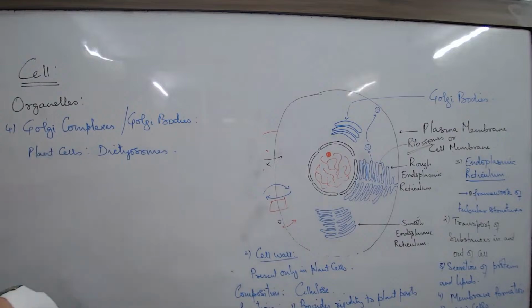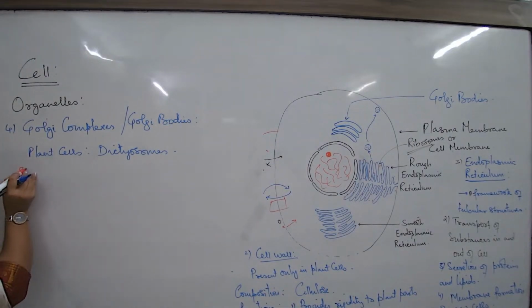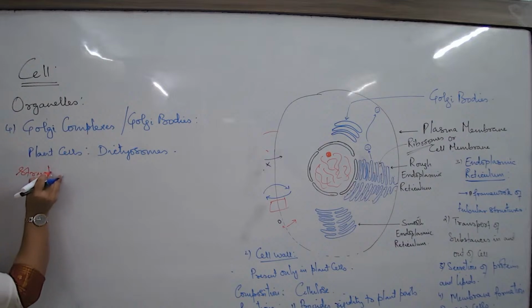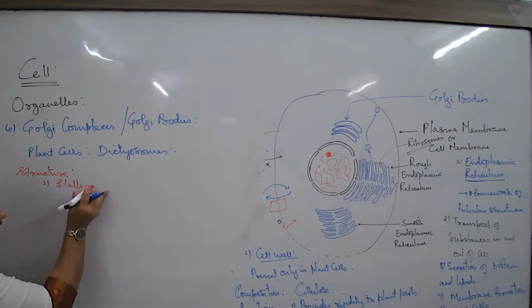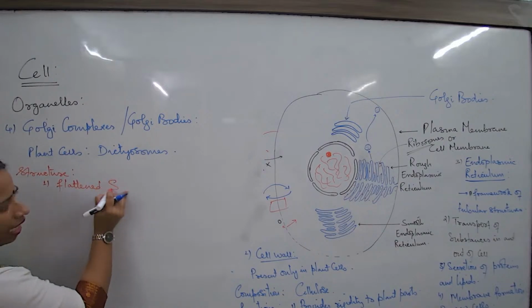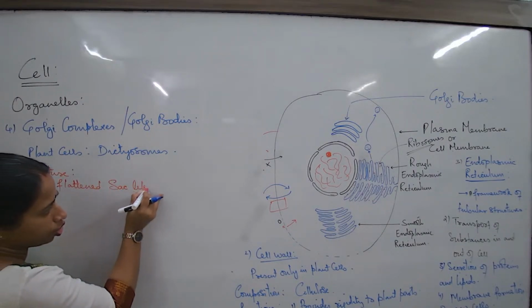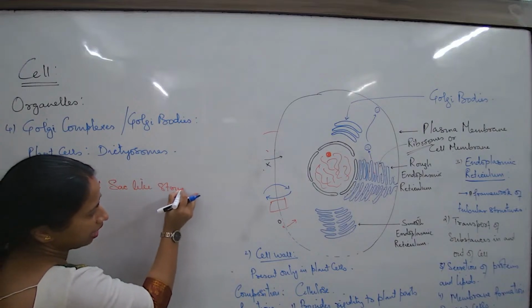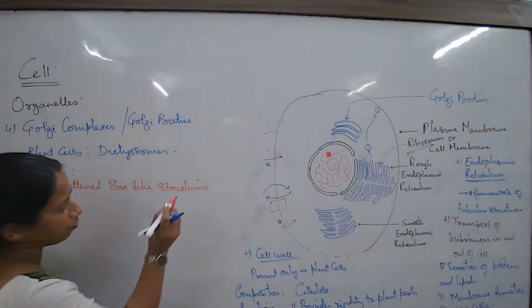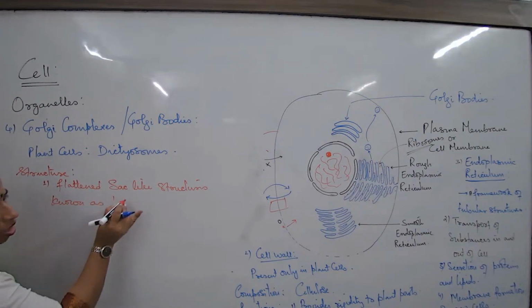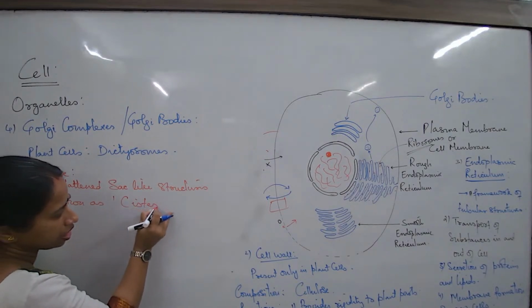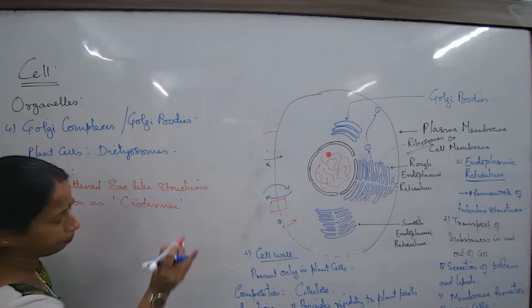Now, what are some of the special features of these Golgi bodies? The structure: the Golgi body consists of some flattened sac-like structures, and these are known as cisternae.